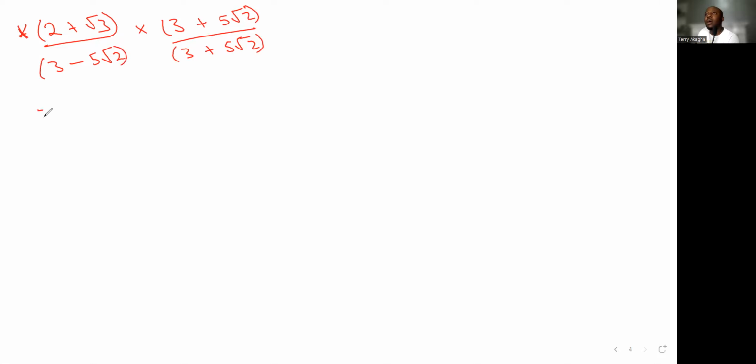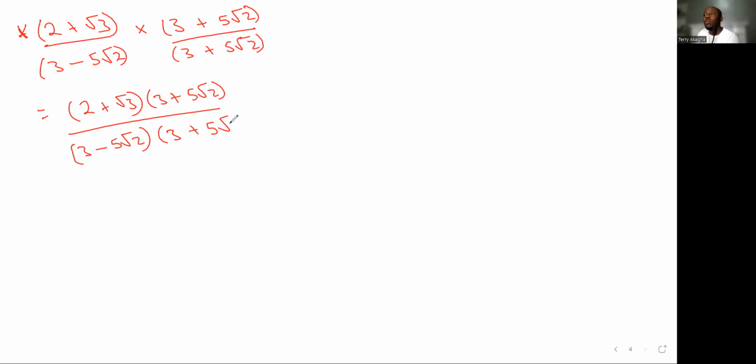Then you open it, so that'll give you 2 plus root 3 multiplied by 3 plus 5 root 2, divided by 3 minus 5 root 2 multiplied by 3 plus 5 root 2. So we're going to open it individually.